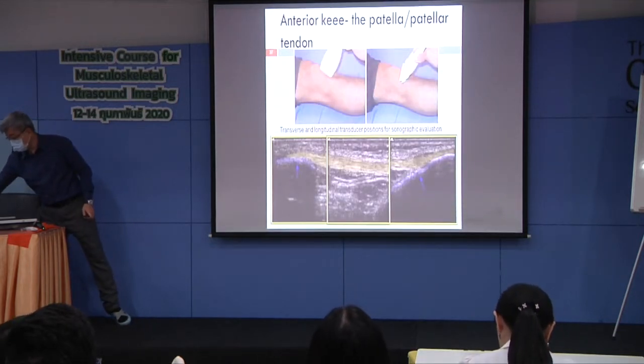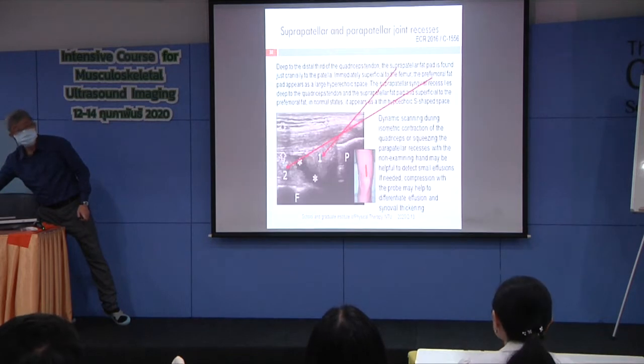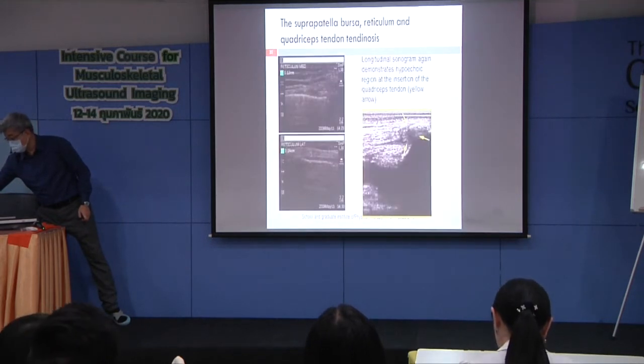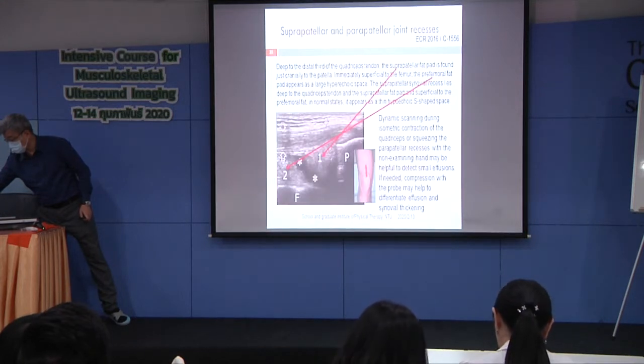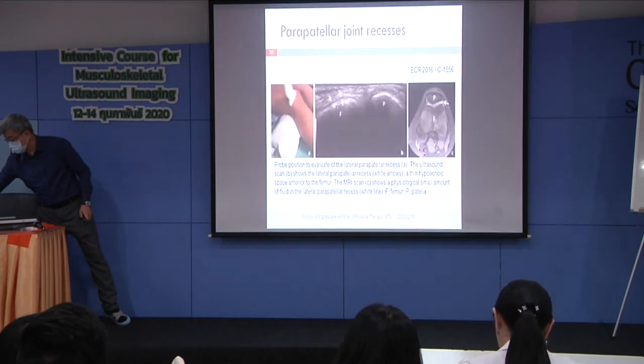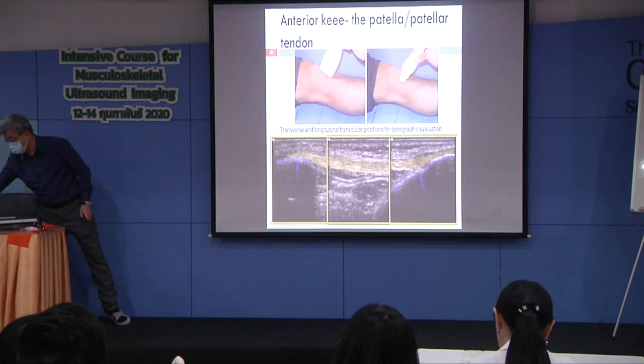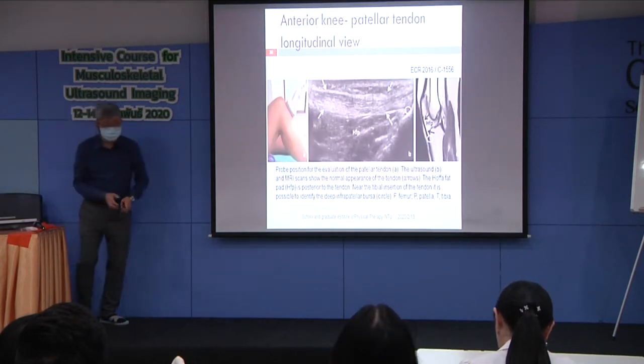Okay, we are going to look at the patellar tendon. I think we are going to look at the patellar tendon after lunch, but I'm going to show you some slides. Okay, patellar tendons.